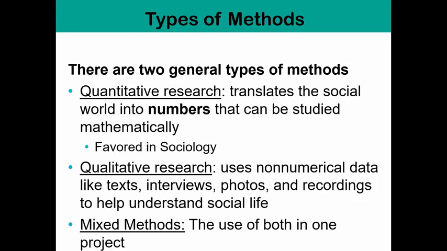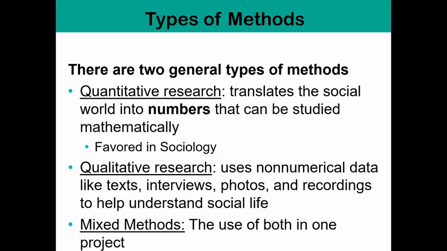There are two general types of methods: quantitative research and qualitative research. Almost every method can fall into either quantitative or qualitative research, with some research methods falling into mixtures of those two. Those are often called mixed methods.